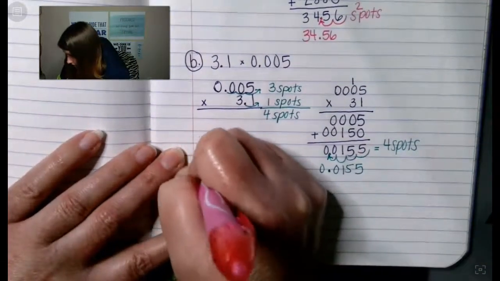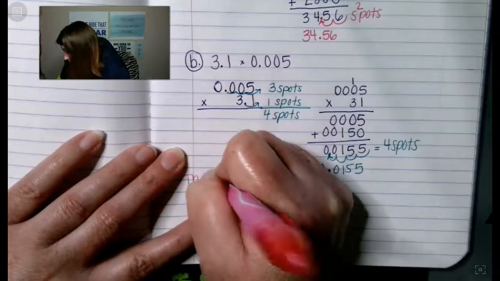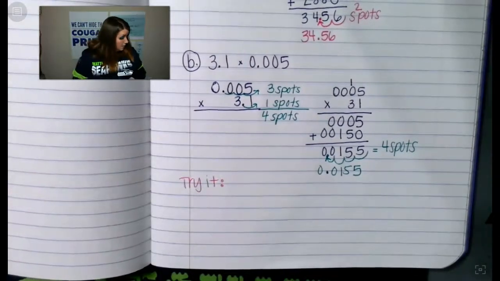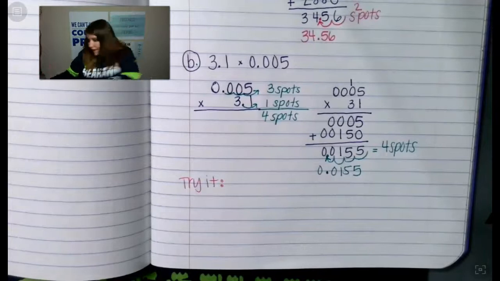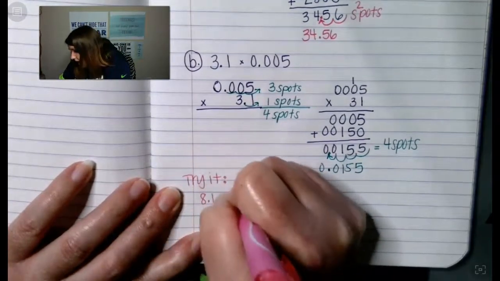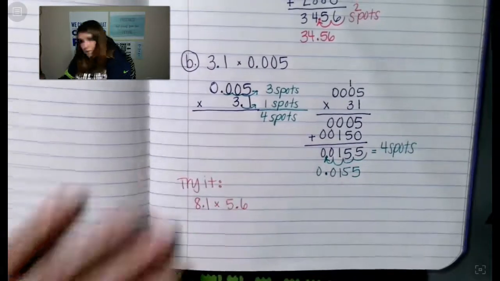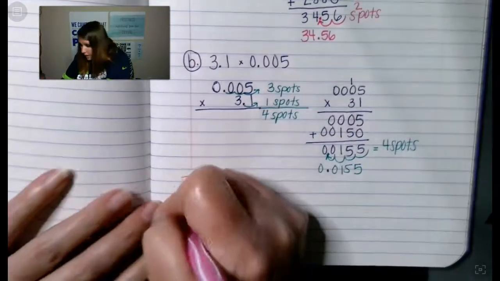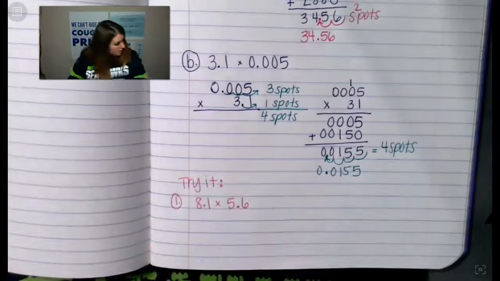All right, it's your turn to do a try it. Okay, ready? Try it. All right, we have 8 1/10 times 5 6/10. That's try it number 1.